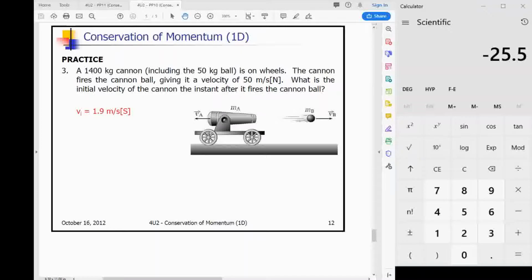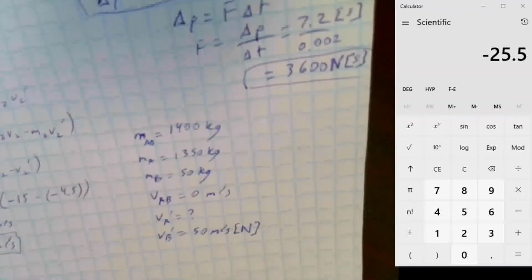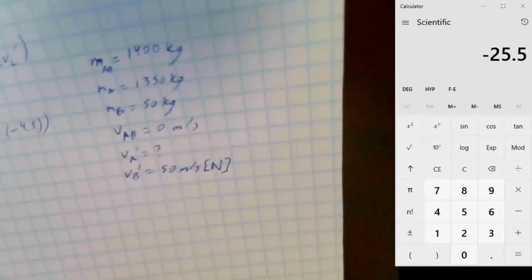And our initial VAB is 0 meters per second. And our final VA we need to find, but our final VB, we actually know that it's 50 meters per second north. So I'll show you what I wrote here for this problem.